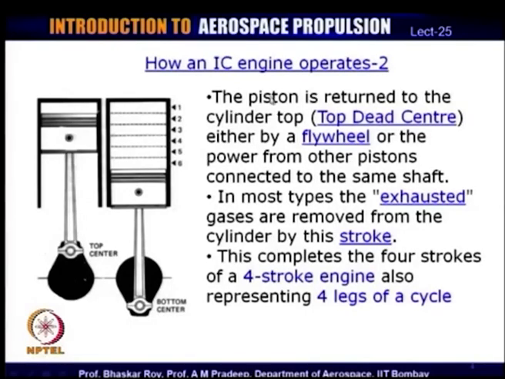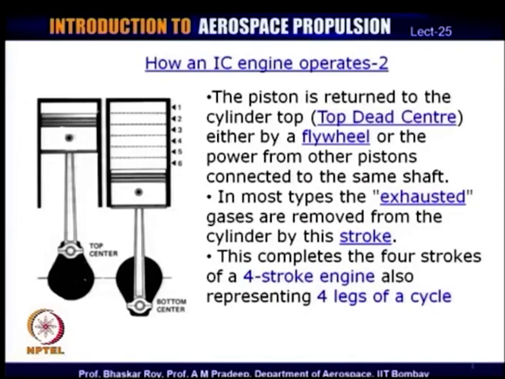In this exhaust stroke, the piston now starts moving upward, and as it moves upward, the gas which fills the entire cylinder gets exhausted through one of the exhaust valves, and as a result the used up gas is sent out of the cylinder. The cylinder is our working space, and the gas is now sent out of the working space.